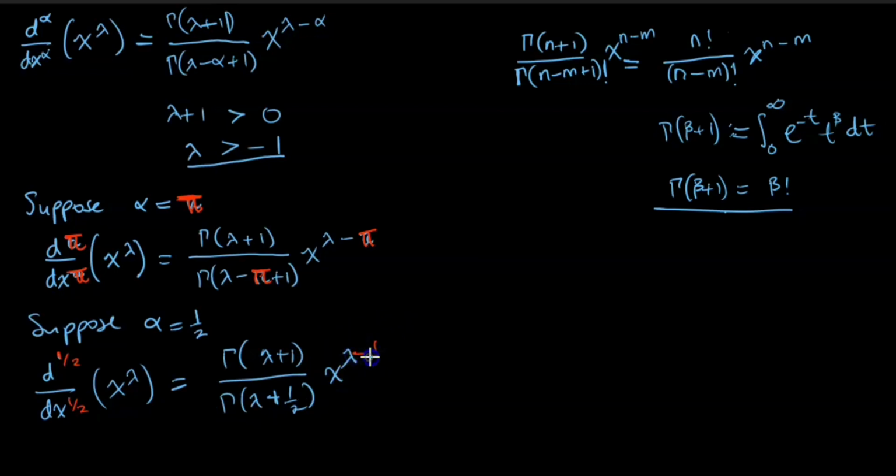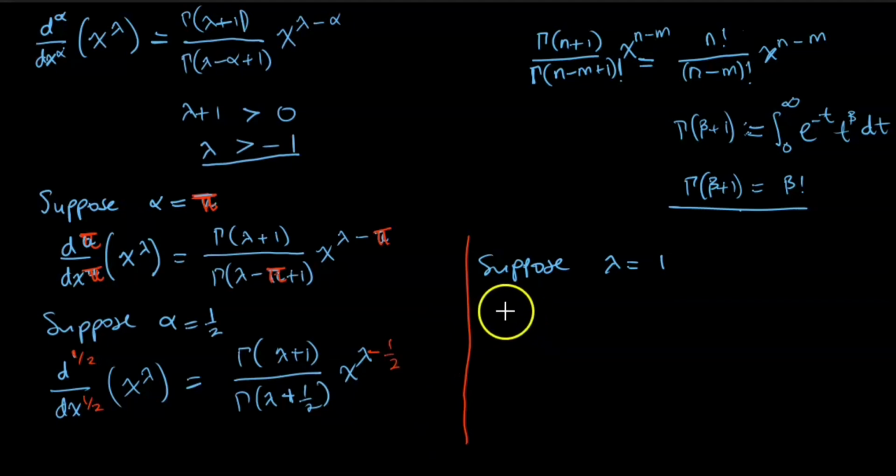And you may want to think of this as a really simple case where the power of x is just 1. So you think of lambda being 1. 1 is greater than -1, so it makes sense. And when we think of that, this is the result we're going to have. Suppose that lambda is 1.